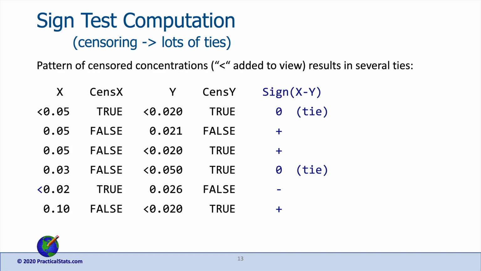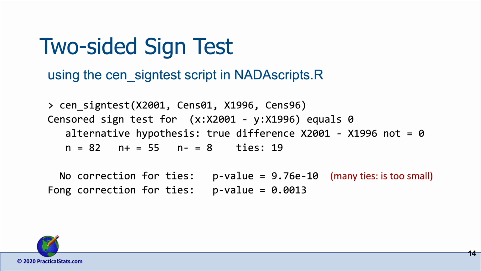It would have to be a range, but we know that it's a plus. 0.03 to a less than 0.05, because 0.05 is higher than 0.03, we really don't know whether that's a plus or a minus, so it gets a tie. You get a fair number of ties in this kind of situation, and that is an issue for the sign test. The standard sign test assumes that you do not have any ties.